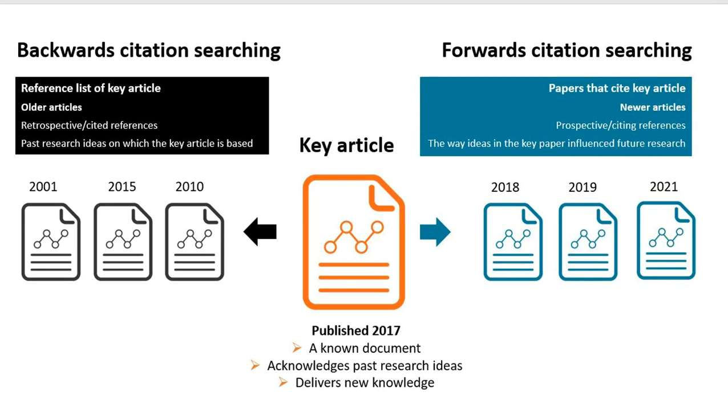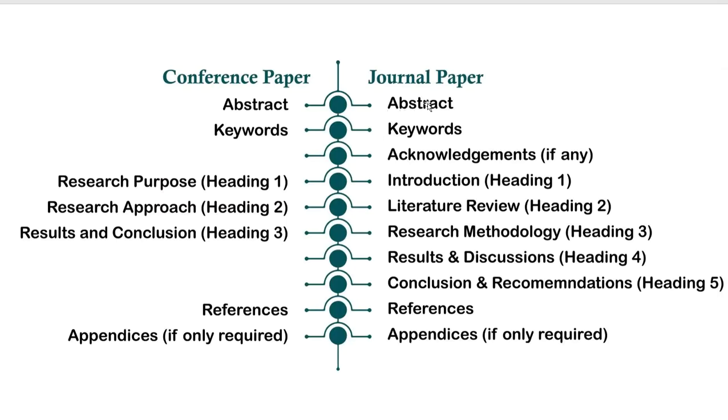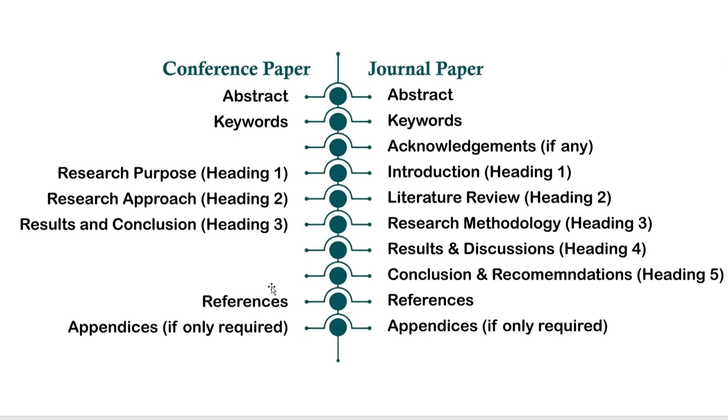Key mapping generally comes under the journal paper. The flow is abstract, keywords, acknowledgement, introduction, literature survey, research methodology, results and discussion, conclusion, recommendations, references, and appendices if required. Sometimes future enhancement is also given with the conclusion. This is the structure of the conference paper and the journal paper.